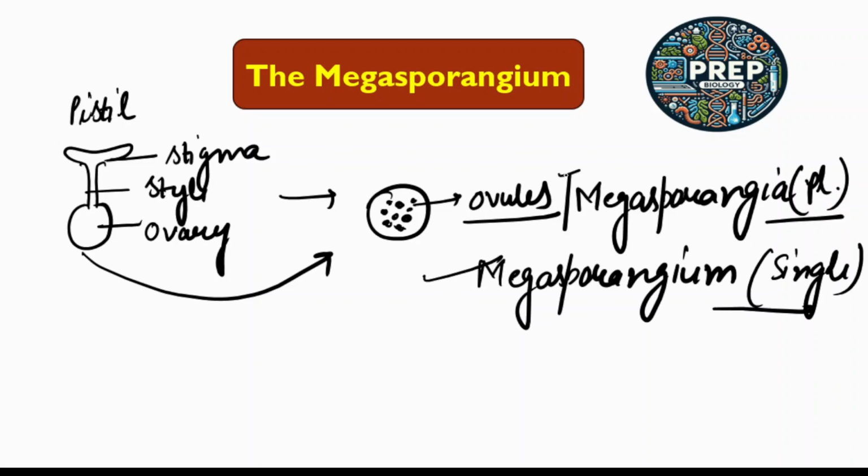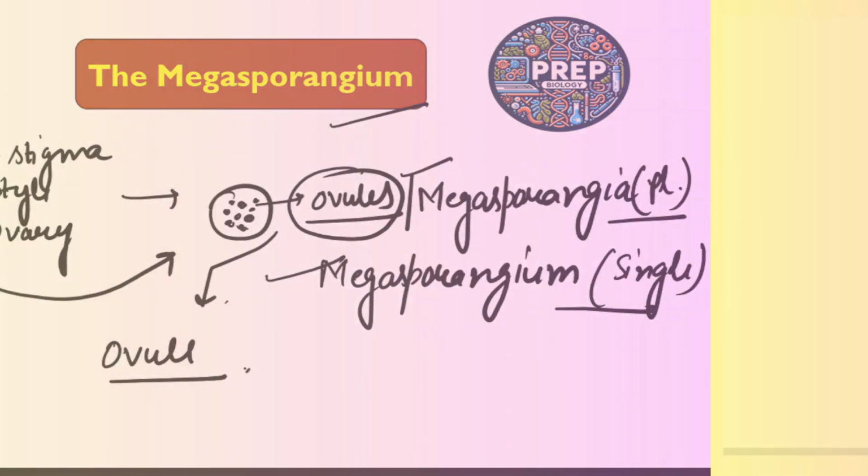Megasporangia is a plural term and megasporangium is a singular term. I hope this is clear to you all. So in this lecture we will continue with the structure of Megasporangium. Megasporangium is the structure of ovule.